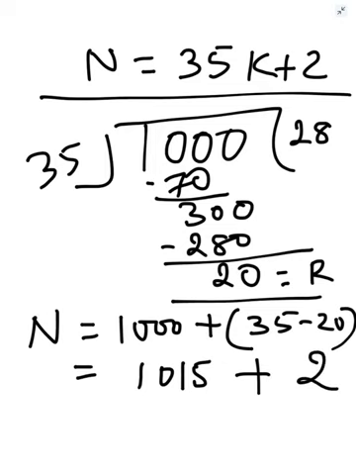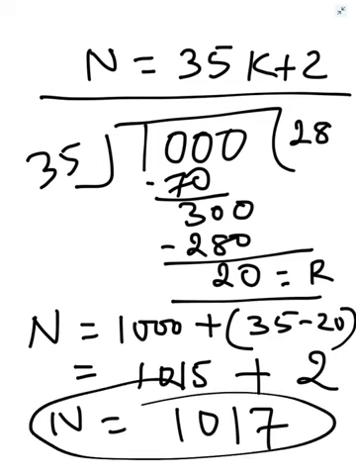Plus 2, because our equation is 35k plus 2. So in this case the answer will be 1017. So 1017 is the smallest 4-digit number n, which when divided by 5 or 7 will give you a remainder of 2 in both cases.